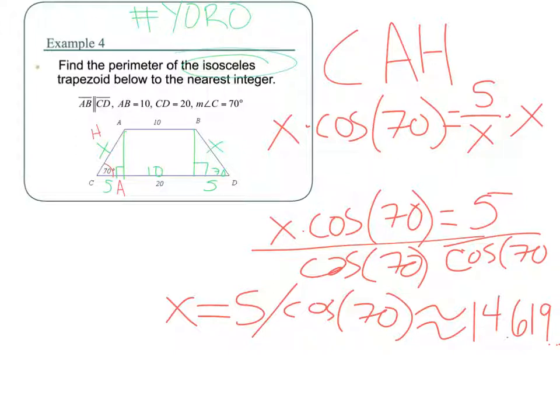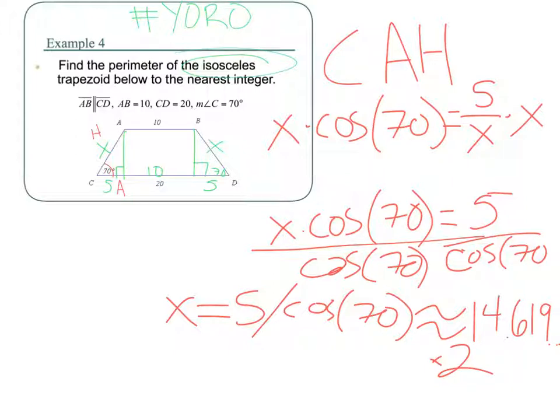Now it says, find the perimeter of the isosceles trapezoid below to the nearest integer. Well, I don't want to round this to the nearest integer and then continue on. That would give me a slightly different answer. So how many of these sides are there that we just found? There's 2 of them. So I'm going to multiply this number by 2, and then I got to add in the 2 other sides, plus 10 and plus 20.